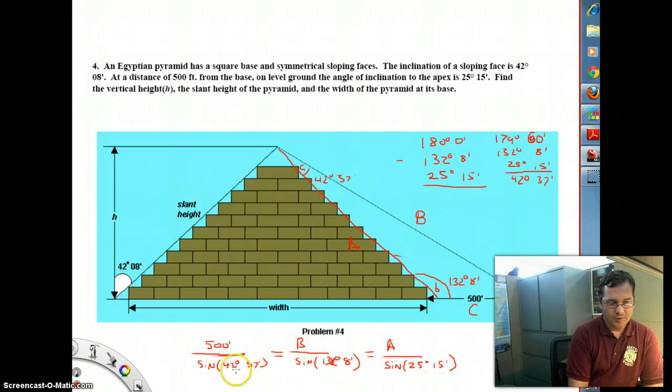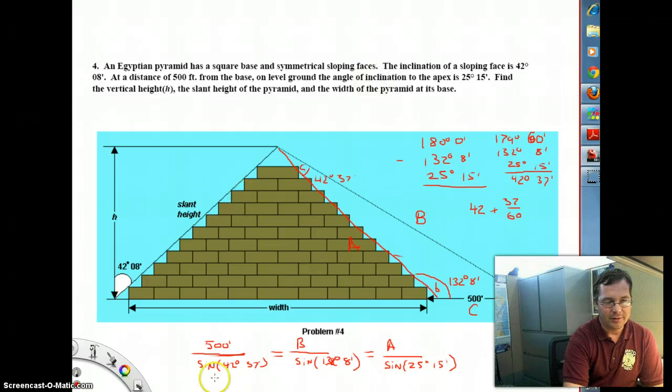Now, we're going to have to arrive at some conclusion for the sine of some number of degrees and minutes, and perhaps the easiest thing to do is to get this into a decimal number of degrees. So recall that to convert degree-minute-seconds measurements into decimal degrees, basically you take the whole number of degrees and you add to it the number of minutes over 60.